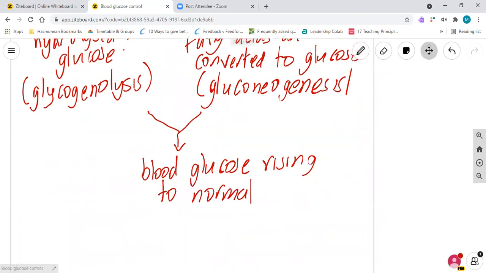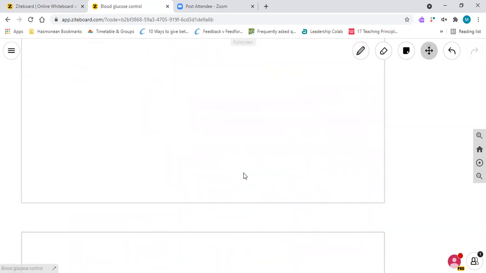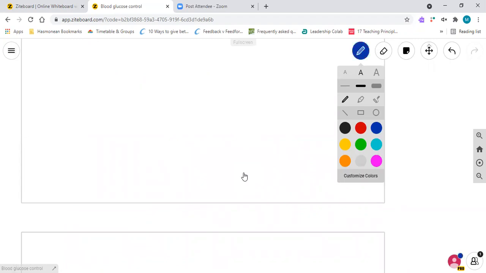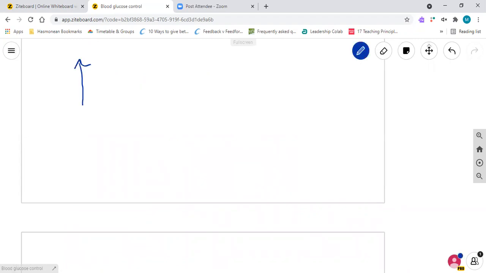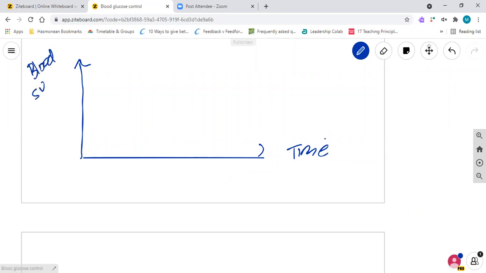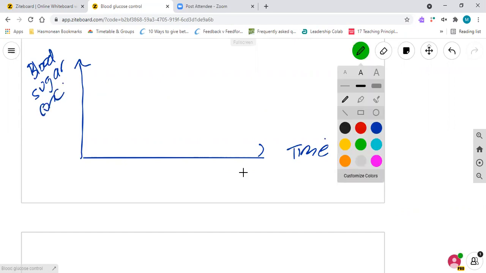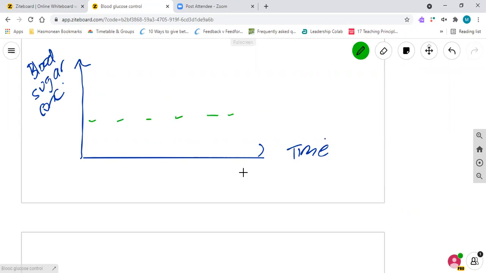So if you were to look at a graph, for example, of time against the blood sugar concentration, okay, let's imagine that this was the normal level.